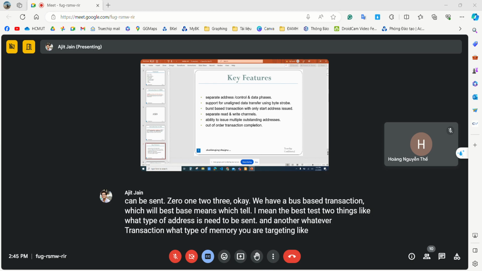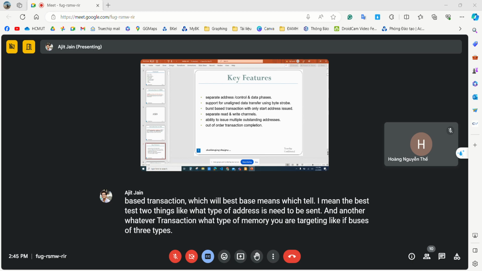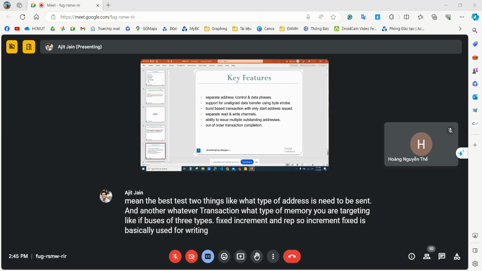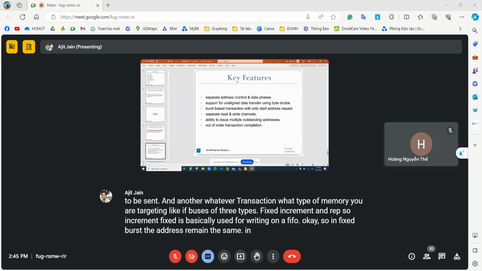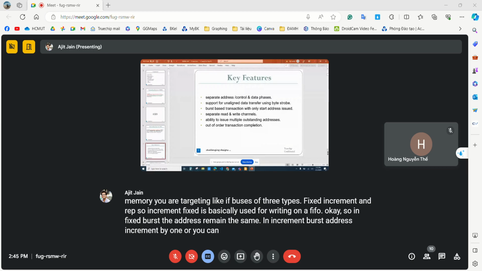A burst is of three types: fixed, increment, and wrap. Fixed is basically used for writing to a FIFO. In a fixed burst, the address remains the same. In an increment burst, the address increments depending on the size you have sent.